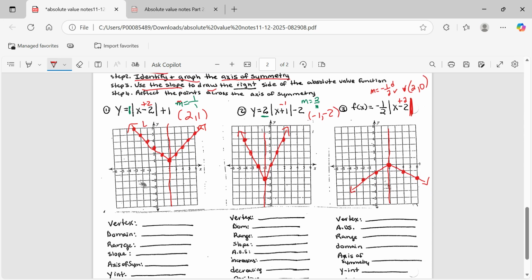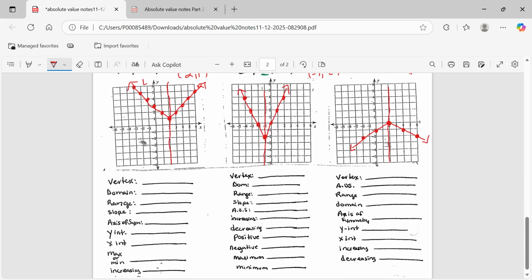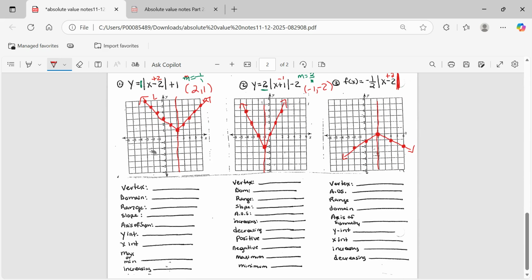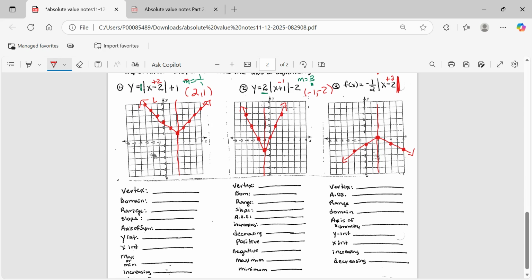Now, considering what we have just done and knowing that we've talked about the key features of the absolute value function, I want you to pause now and go through those areas, the vertex, domain, the range, and let's see what we can come up with.